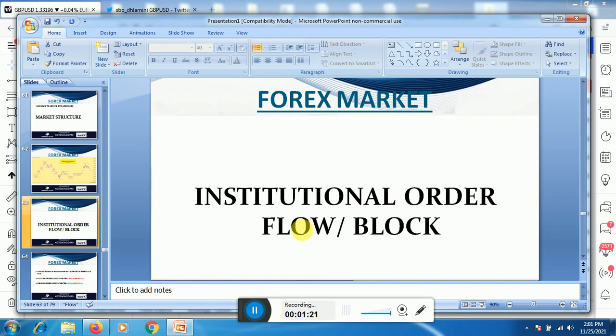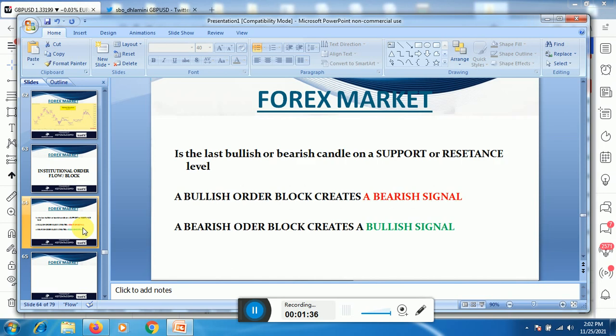So by definition, in my own understanding, what is institutional order flow or order block? The institutional order block is the last bullish or bearish candle on a support or resistance level.